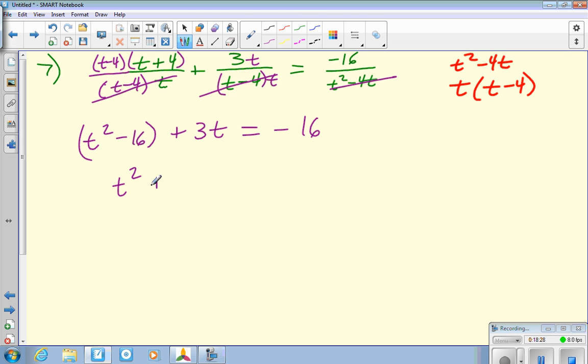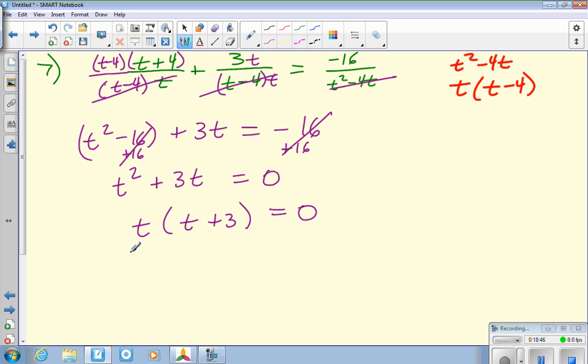T squared plus 3t. We're going to be adding 16. So what happens is that minus 16 actually cancels on both sides, equals 0. Now we can factor out a t. And don't forget that this t all by itself is a solution. T equals 0, and t equals negative 3.